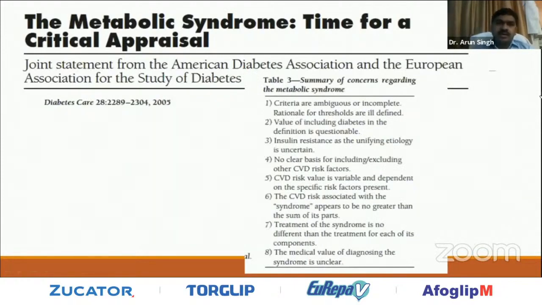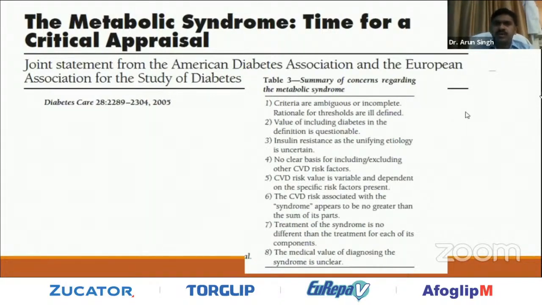And the concept of metabolic syndrome was challenged a long time back by a joint statement from the ADA and the European Association for the Study of Diabetes, for multiple reasons, mainly eight points. I just shared five criteria for diagnosis of metabolic syndrome, but there are many more.